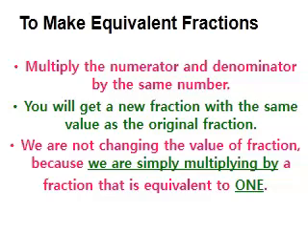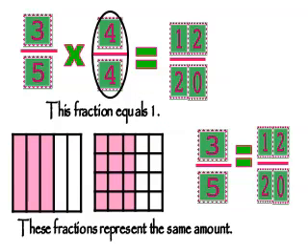Actually, we are not changing the amount of the fraction because we are simply multiplying by a fraction that's equivalent to 1. What I'm trying to say is, when I have here 3 over 5, when I multiply the numerator and the denominator by 4 over 4, I'm multiplying by 1, because you know that 4 over 4 is equal to 1.